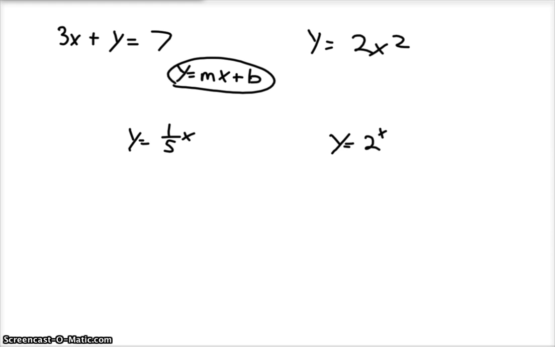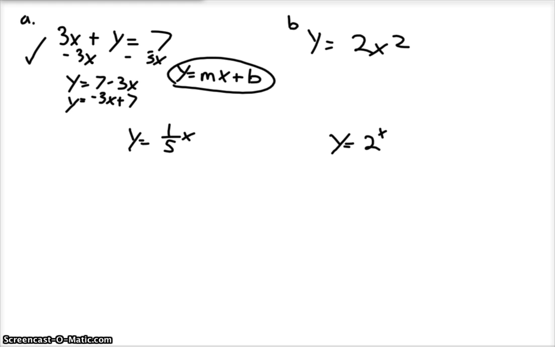So looking at this one, we're going to call this one A, or in your book it is also called A, and this one's B. So looking at 3x plus y equals 7, can we turn it into y equals mx plus b? Definitely. We subtract 3x from each side, and we get y equals 7 minus 3x, or negative 3x plus 7. All right, so this would be linear.